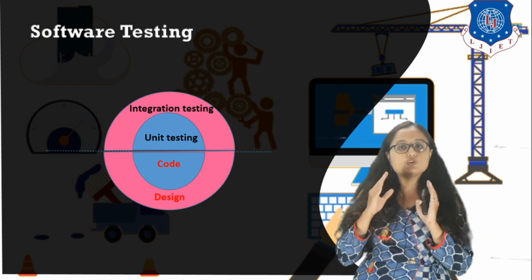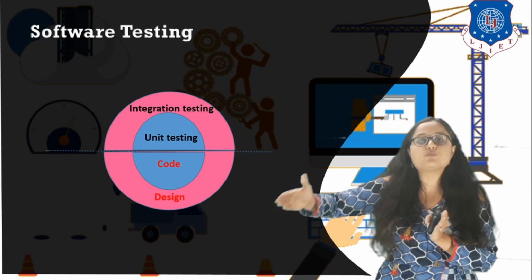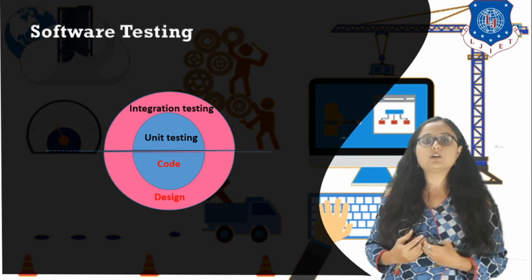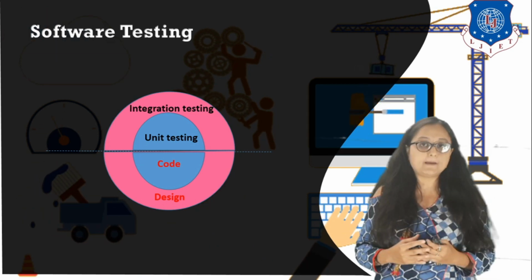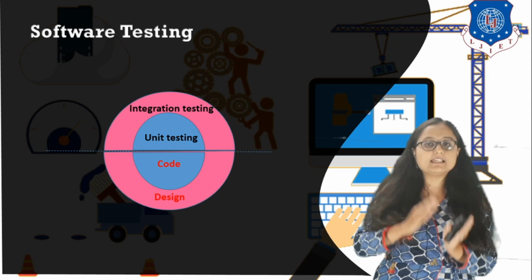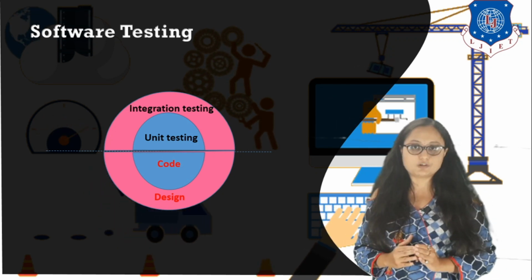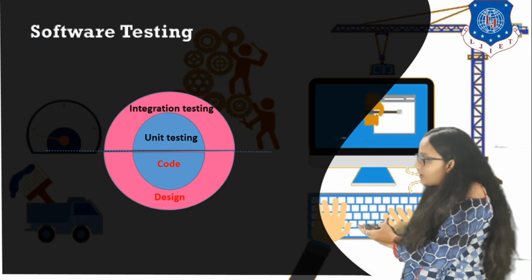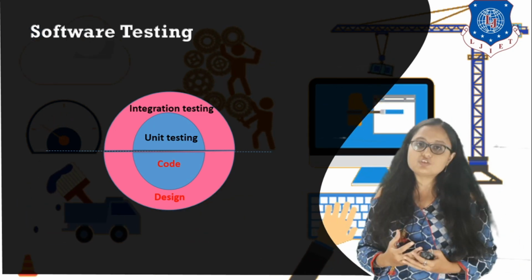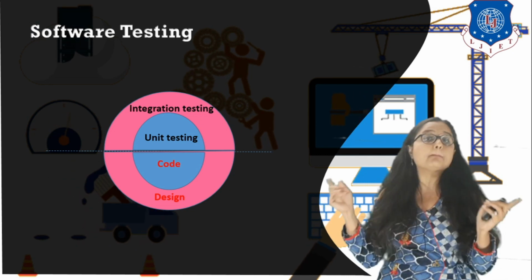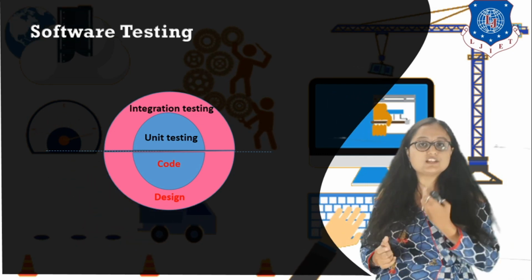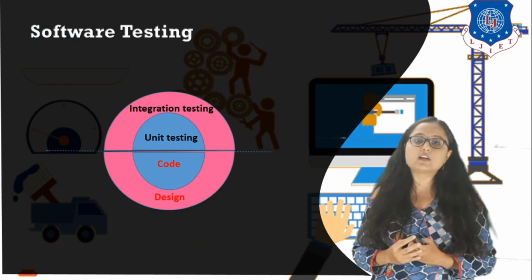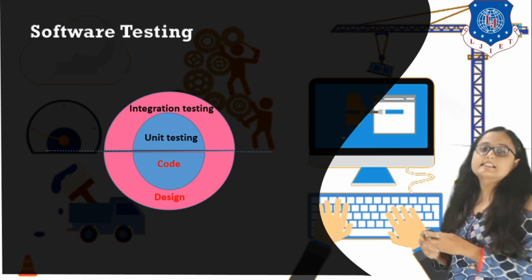For example, if you have a project with a number of modules and different developers are working on each of them, every developer has checked their own module in unit testing, but it is possible that these modules are interdependent on each other, right? So data is flowing from one module to another module. We have already checked the individual modules, but it is very necessary to integrate the modules and check for consistency, and check whether there is any error in integration or design. So that is actually design level testing.